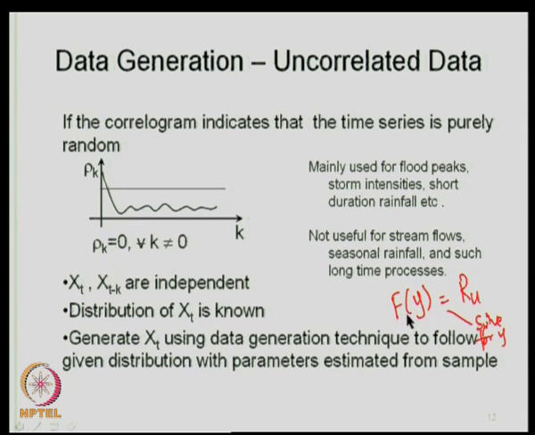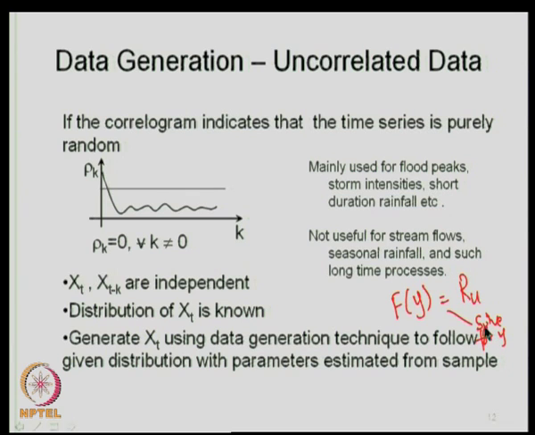For example, if you have an exponential distribution, then you compute F of y and set it equal to R u, where R u is a uniformly distributed random number in the interval 0 and 1, and then solve for y. And in cases where you cannot explicitly solve for y, there are methods available.